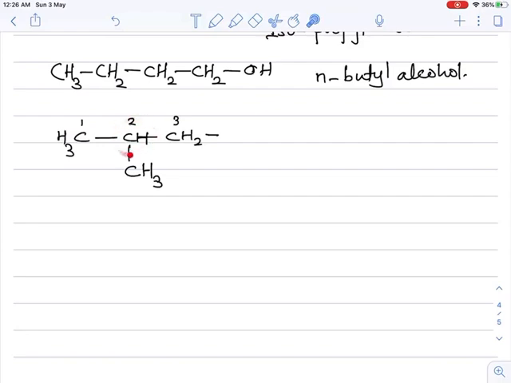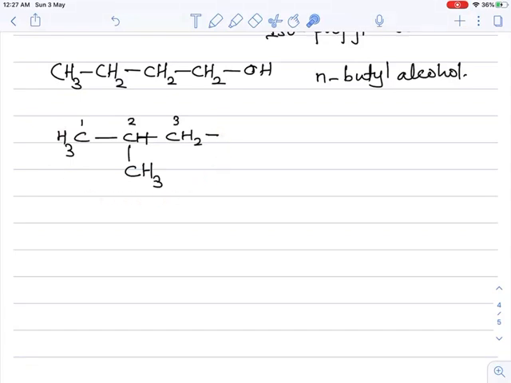So what is meant by iso? If this is a 3 carbon chain, and to the second carbon a CH3 group is attached, then this group is called an isoalkyl group.